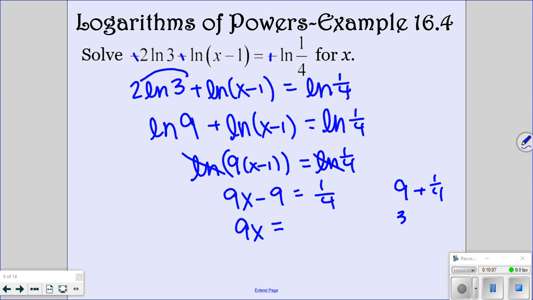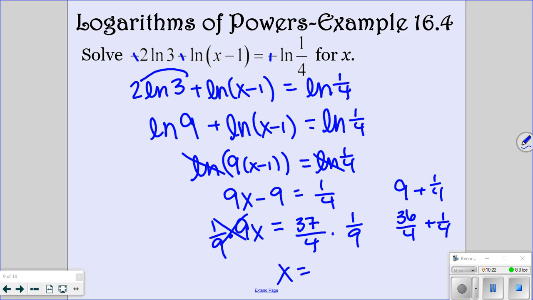This is going to be 36 over 4. So 37 over 4. And then you can divide by 9 or multiply by 1/9. And so x would give you 37 over 36.